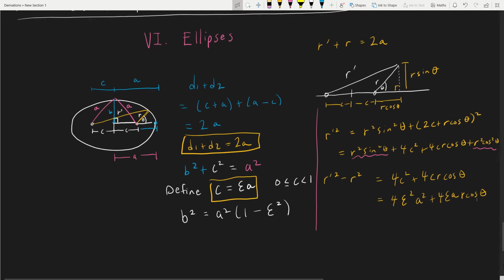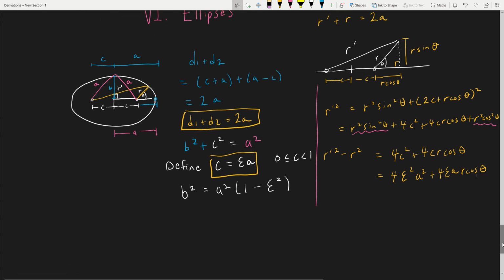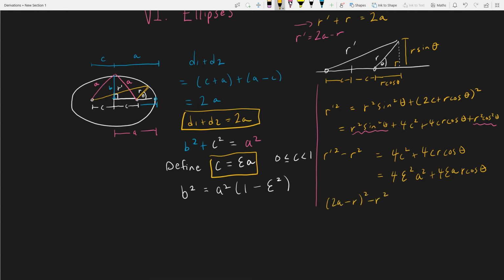Running out of room a little bit here, but now we're going to use this definition. We're going to plug this in and rearrange, so we notice that r prime is equal to 2a minus r. So we plug that in, and we get r prime squared is (2a minus r) squared minus r squared. I'm going to work out the left side and leave the right-hand side for now.